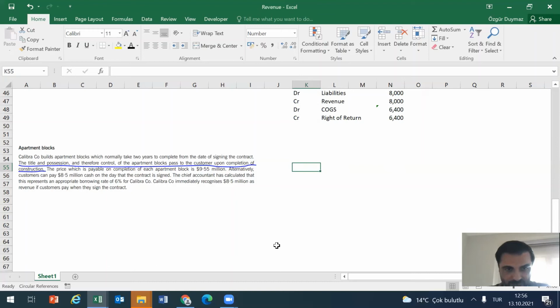Let's check. Price here, 9.55. Term, 2 years.